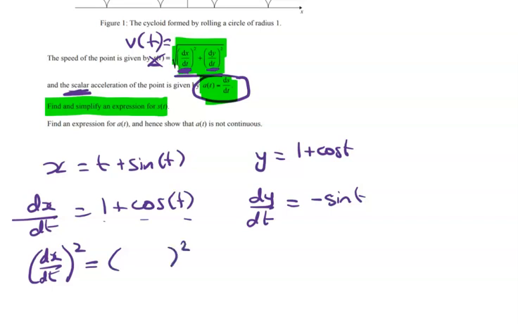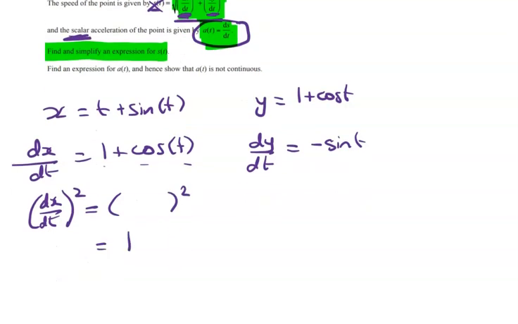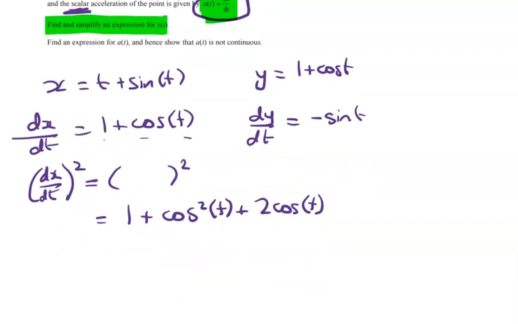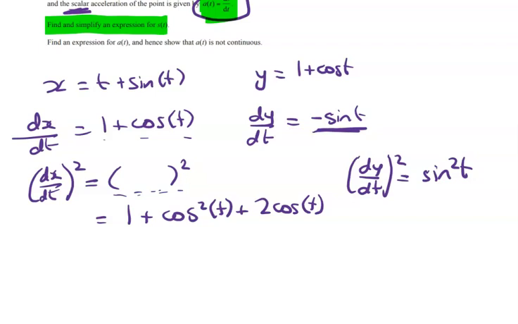So I could put that in brackets, or I could just get on with it. I've got 1 plus cos squared of t plus 2 cos of t. Now it's not a show that question, so that's why I'm being slightly loose with that step. Next up, dy by dt squared is going to give me sine squared of t, because negative 1 times negative 1 is 1.